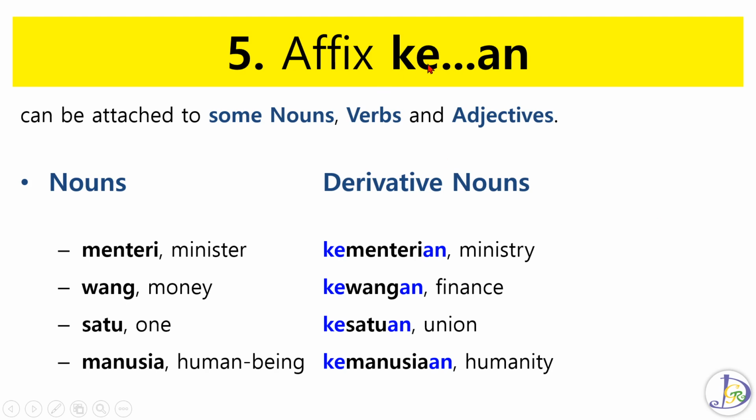5. Affix ke-an can be attached to some nouns, verbs and adjectives. Menteri, minister; kementerian, ministry. Wang, money; kewangan, finance. Satu, one; kesatuan, union. Manusia, human being; kemanusiaan, humanity.